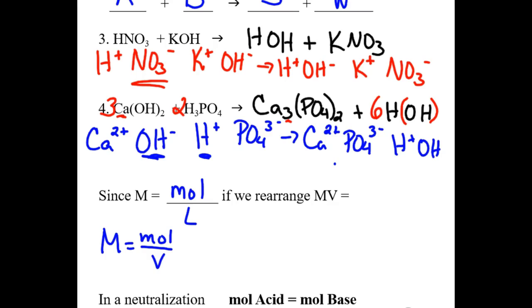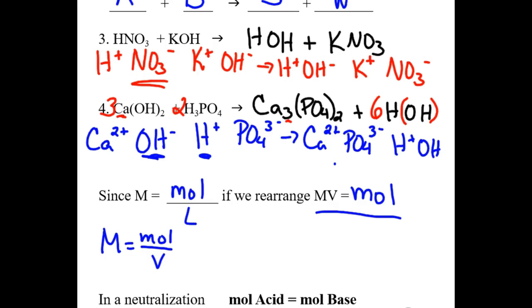So if I cross-multiply this equation, which we did when we did solutions, you get that the molarity times the volume is equal to the number of moles of that substance. So we're just cross-multiplying our molarity equation to get that the molarity times the volume is going to give us the number of moles of solute.